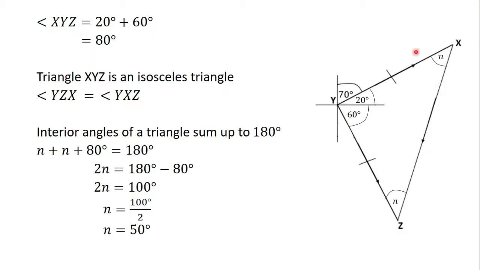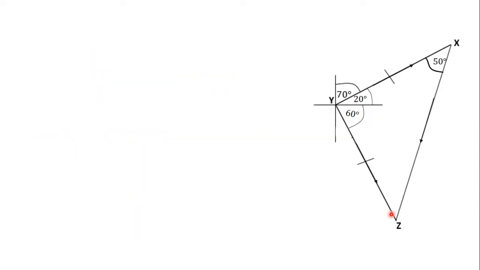So we have been able to find one of the angles here, 50 degrees. Let's move on. Our main interest is in finding this small angle here so that we can add it to 180 degrees to get the bearing of z from x.